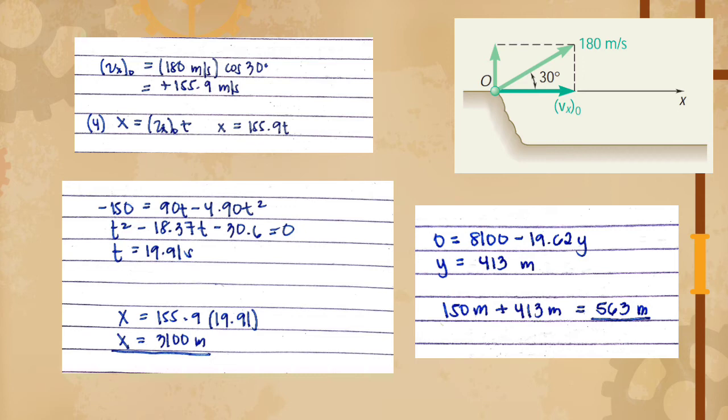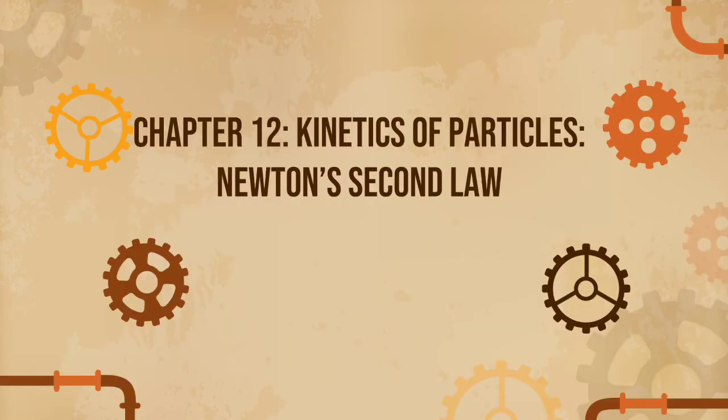To get the greatest elevation above ground, we add 150 meters and 413 meters, and we have a final answer of 563 meters.